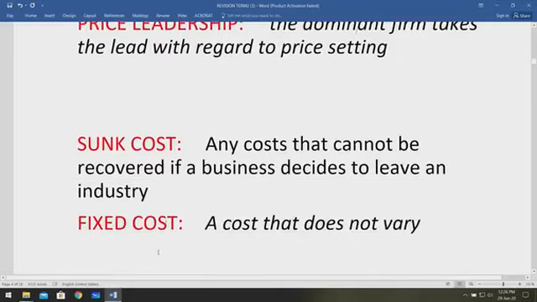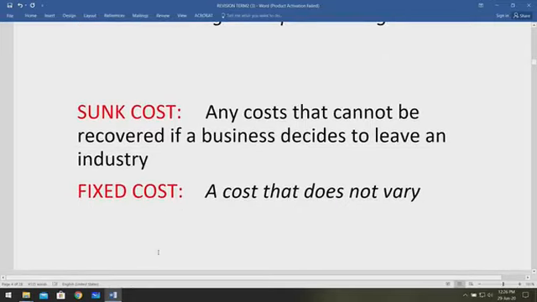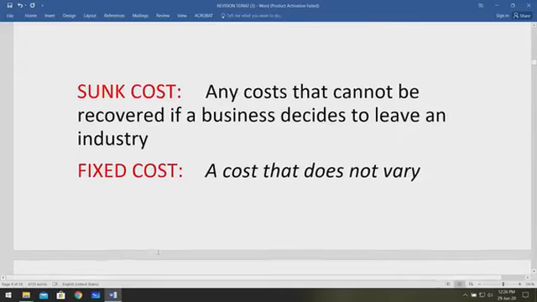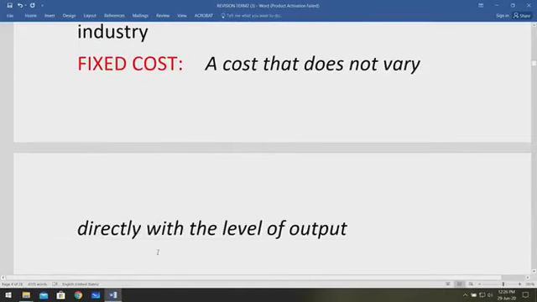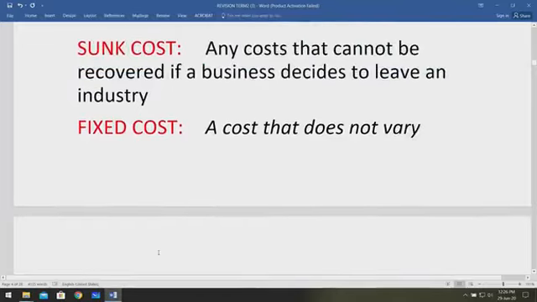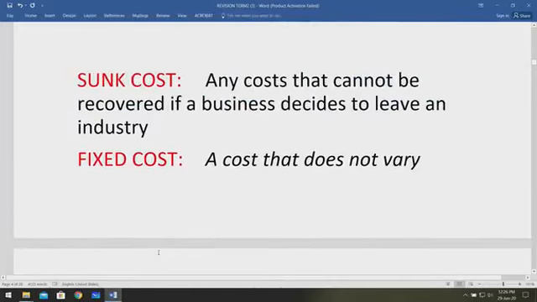Right, sunk costs and fixed costs. Sunk costs are any costs that cannot be recovered if a business decides to leave an industry. Whereas fixed costs, on the other hand, are costs that do not vary directly with the level of output. So irrespective of your level of output, whether you're producing 1 unit or 100 units, your fixed costs will always be the same.